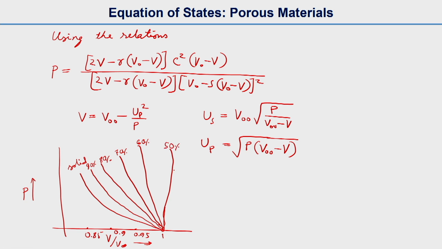That means this is 50% porous. So this is for solid and others are powder. So it will look something like this. The plots are not very clear here, but you can check it from your textbook. So this is basically what we talked about, the equation of state for porous material.